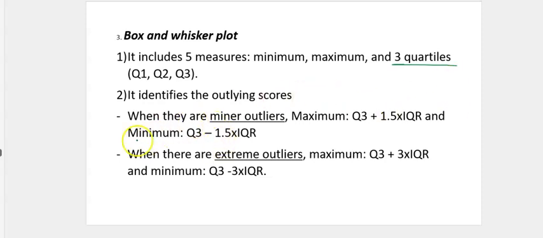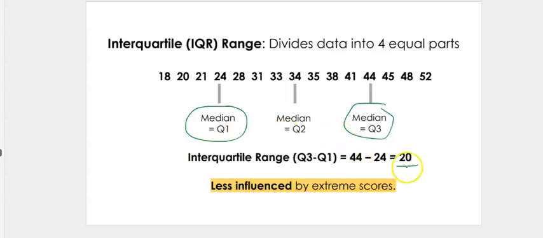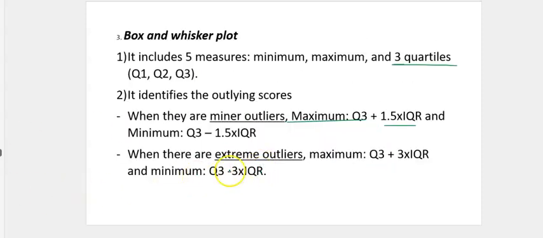How can you decide the minimum value and the highest value? The maximum is Q3 plus 1.5 multiplied by the interquartile range. The interquartile range here is 20. When you obtain that, that will be the highest. When you have the box plot, that is how you put the limitation on the maximum.